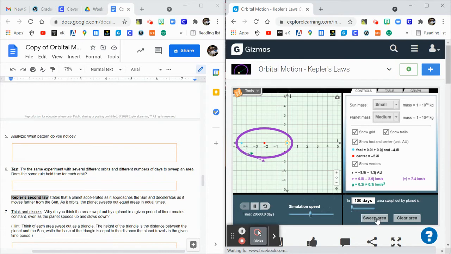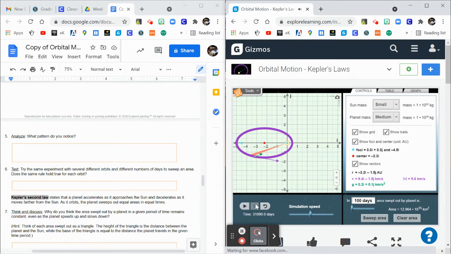So the area that you swept, the distance that this planet moved from here to here was in a certain amount of time, right?